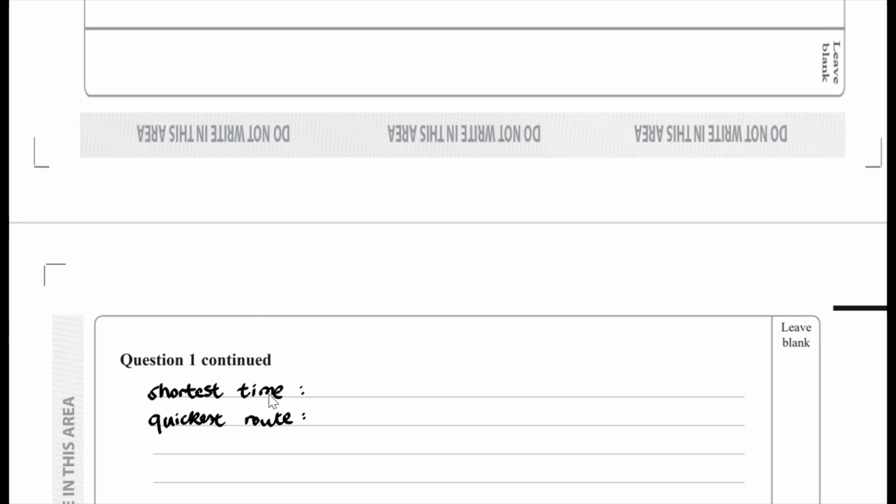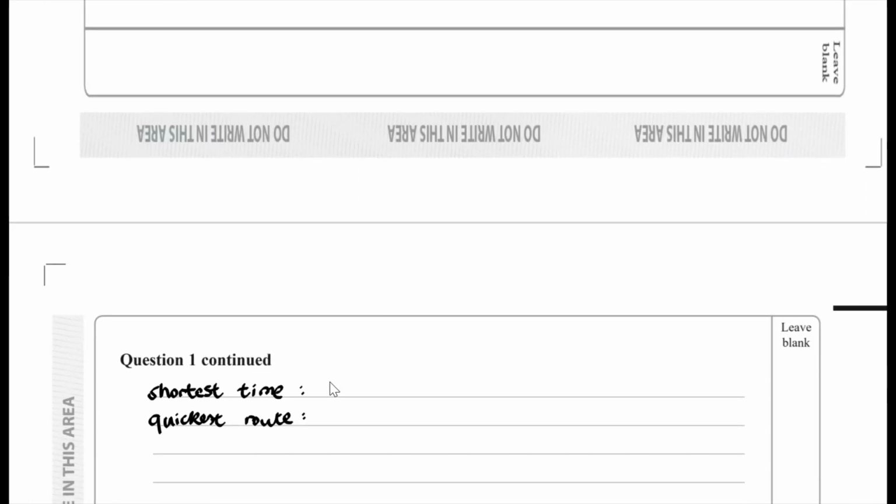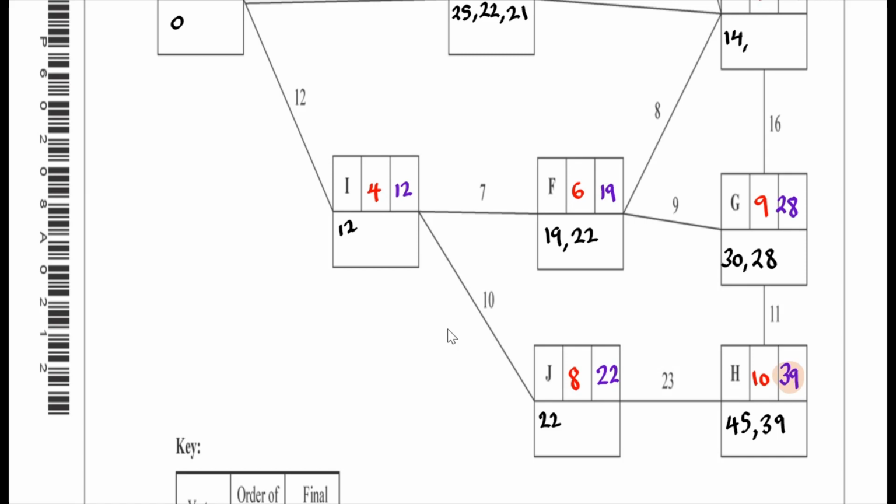So, in terms of the shortest time, you'd find that to be this value of 39. So the shortest time is 39. And the quickest route, we'll have to work the route, and to do this we'd have to work backwards.